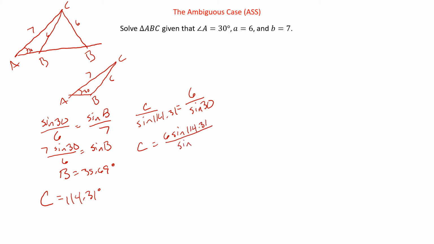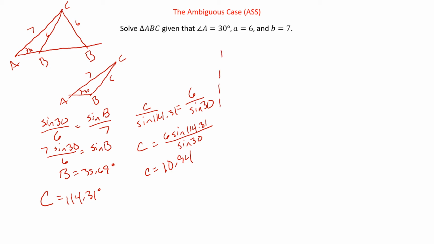Sine of that times 6 divided by sine 30, which is 1/2, so times 2 is 10.9359, so 10.94. So that would be one of our possible triangles.